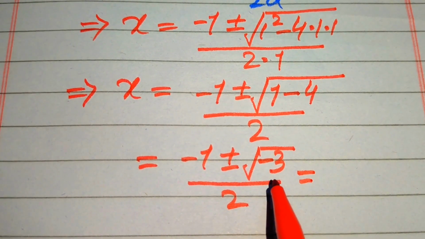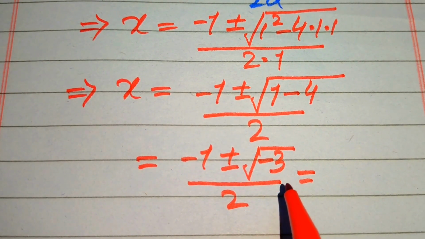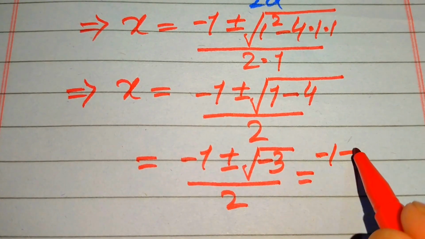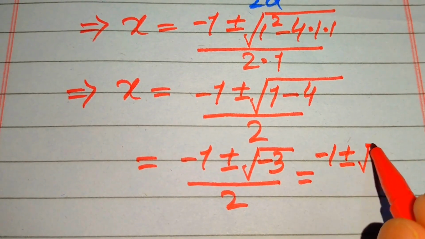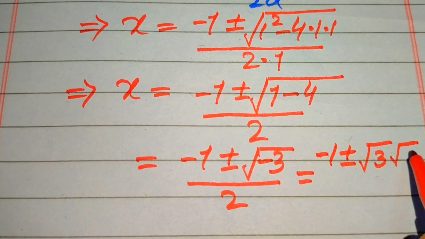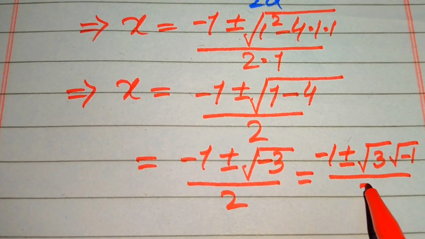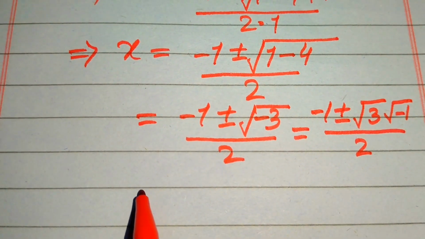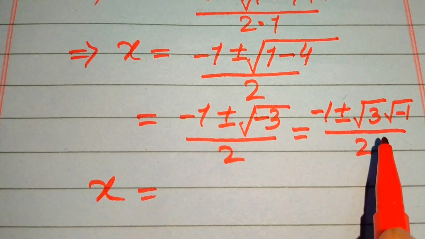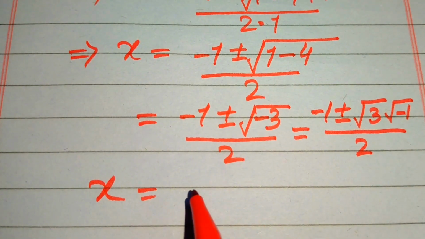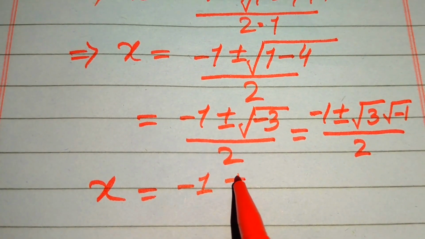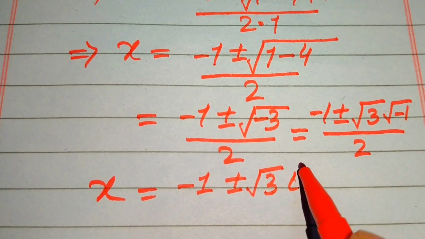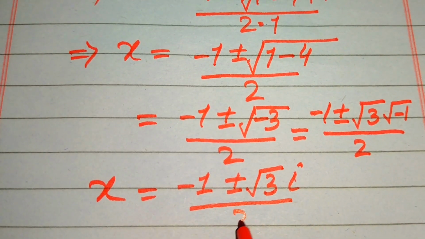Now we focus on this radical term and apply the radical sign separately on both values, and we get minus 1 plus or minus the square root of 3 times the square root of minus 1, divided by 2. You know that when a negative sign appears inside the square root, it becomes iota. So we write it as minus 1 plus or minus the square root of 3 times iota, divided by 2.